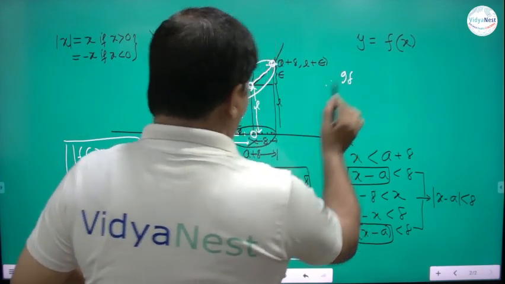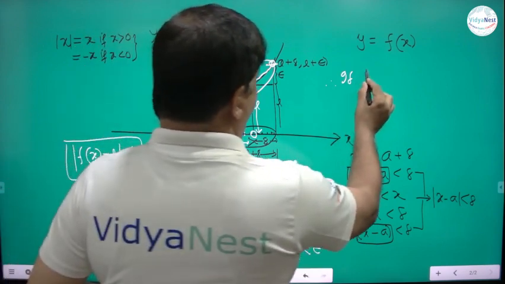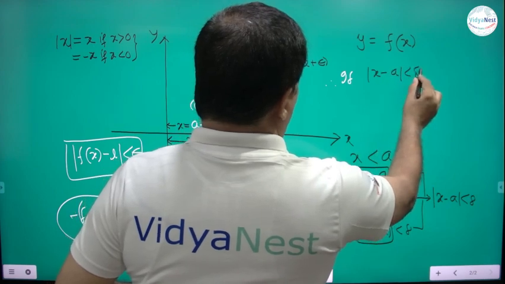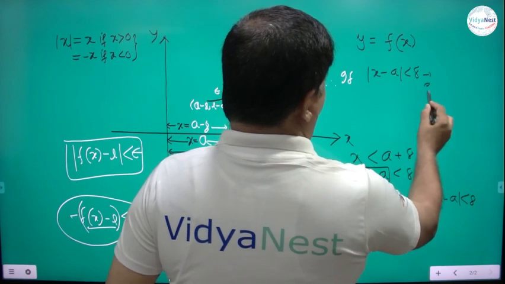If |x - a| is less than delta, what is delta? A small positive number.